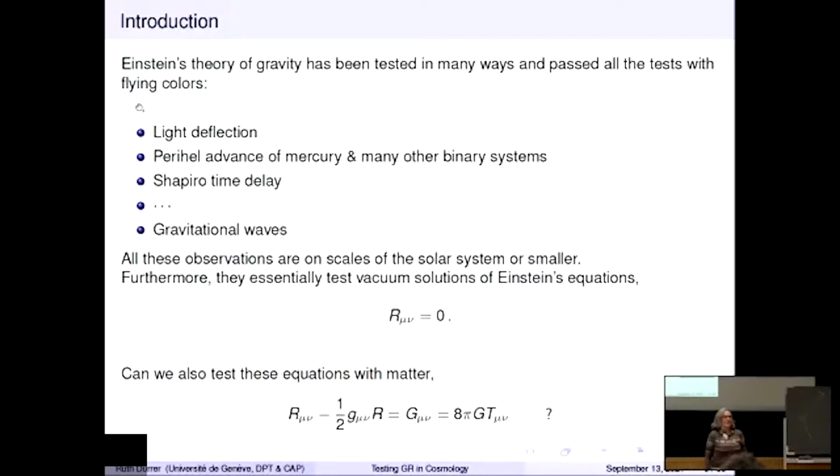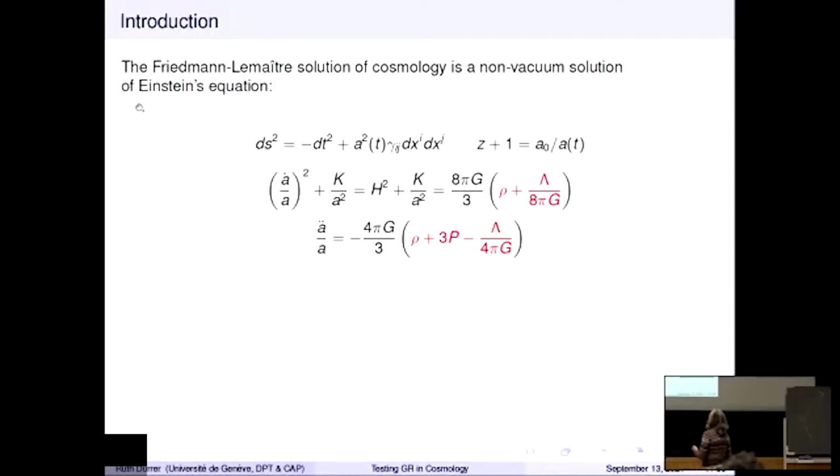Cosmology would be such a situation, because on very large scales, we actually assume that the geometry is homogeneous and isotropic. So the 3-space is a space of constant curvature, this metric gamma, and we only have the size of it, which can depend on time only.